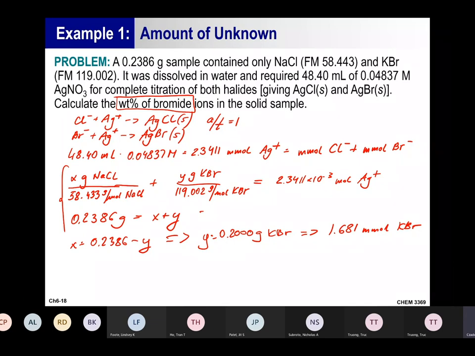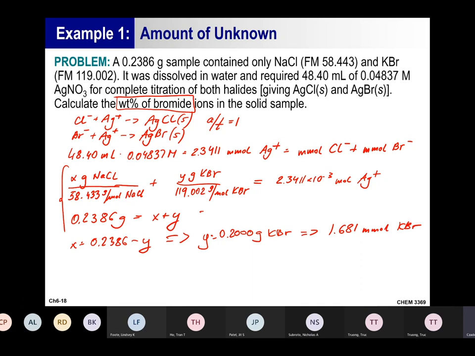But I don't know any other way of calculating the mass of Br minus ions. If I have the mass of KBr, I can convert it to the millimoles of KBr.